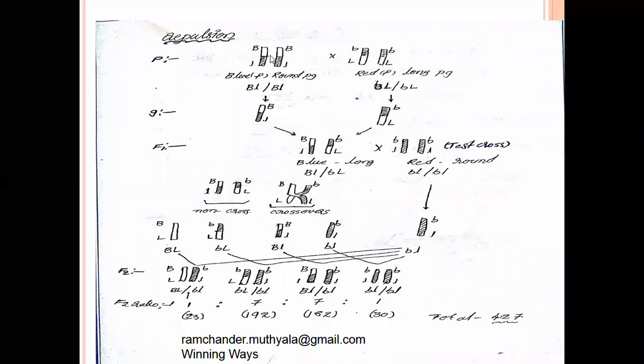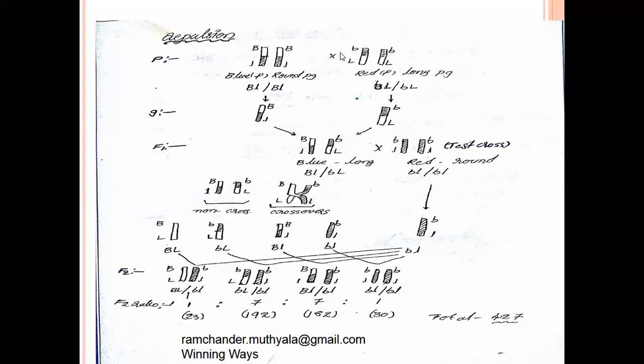These genes express the phenotypic characters of blue color flowers with round pollen grains. Capital B expresses blue color flowers, and small l expresses round pollen grains. Another parental plant of Lathyrus odoratus contains small b capital L genes, which express red color flowers with long pollen grains.